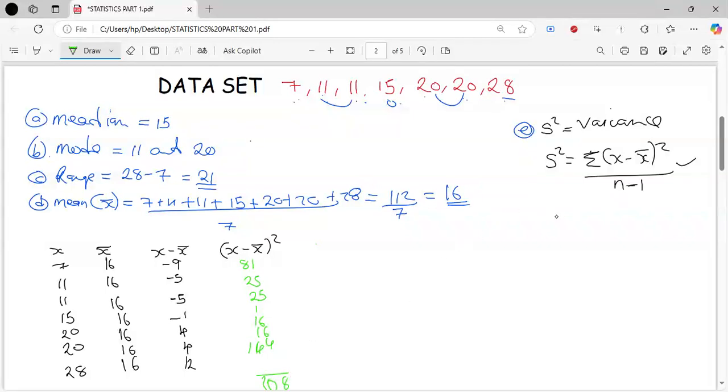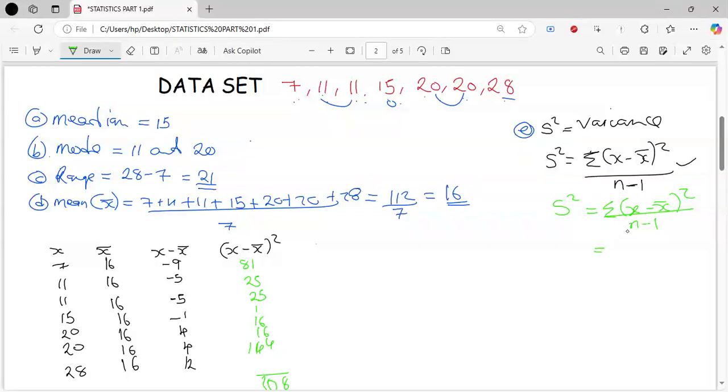So now from the formula, we can say S squared, which is what we call variance. The summation of x minus x-bar squared over the number of samples minus 1.